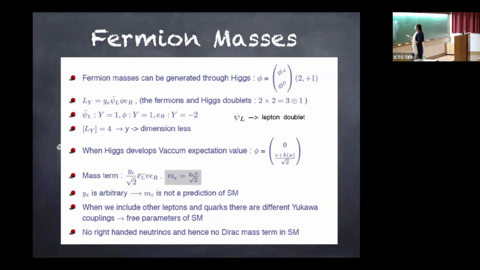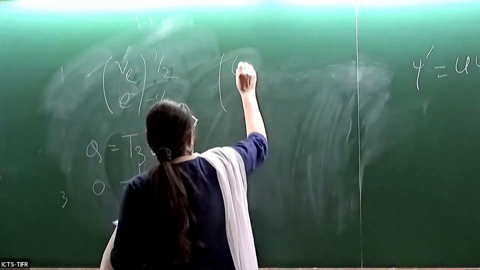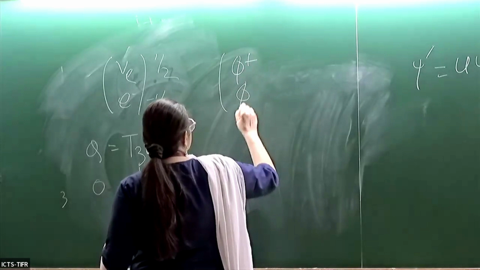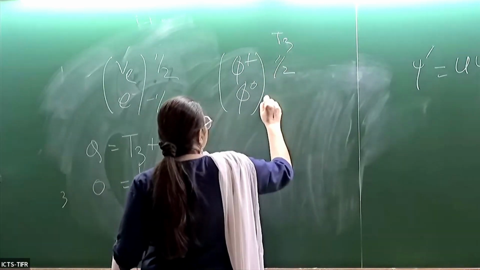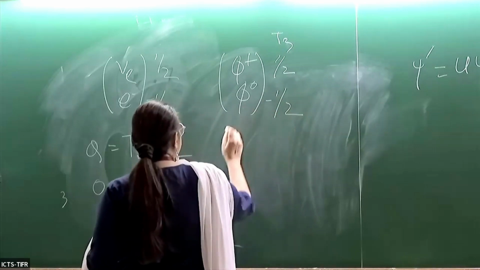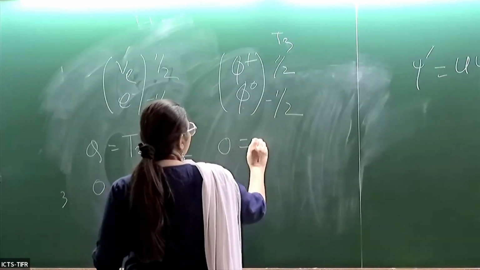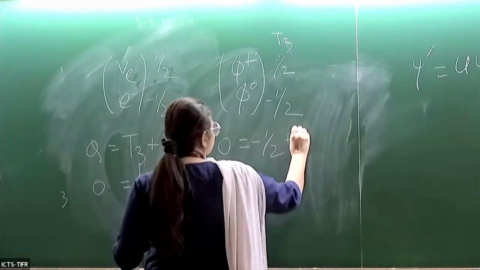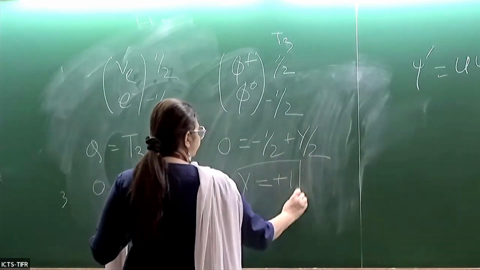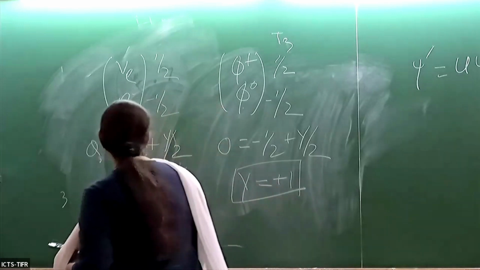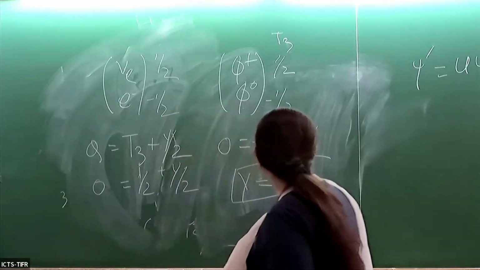So I have here a phi plus and phi 0. Again I have T3 half, minus half, and if I take this one, then Q is 0. So T3 plus phi by 2, so my Y is +1. And for the leptons, I know Y is -1.